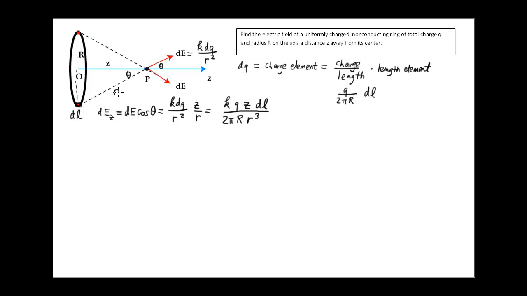Now r, of course, is related to z and capital R through the Pythagorean theorem, right?